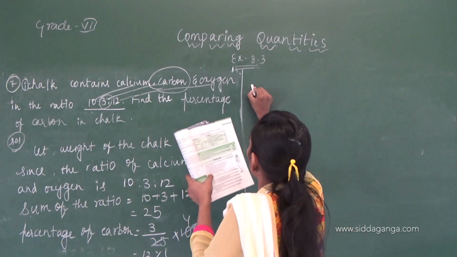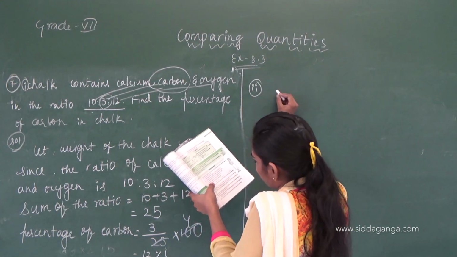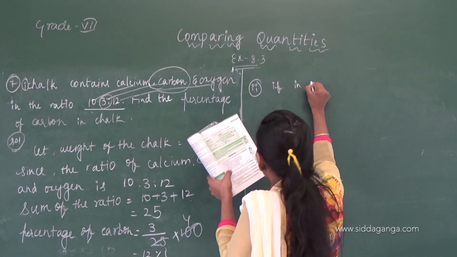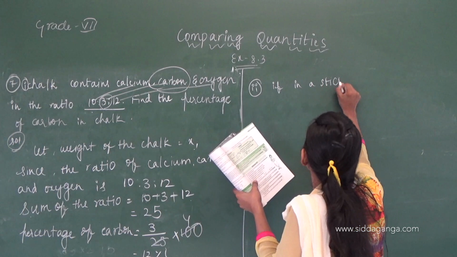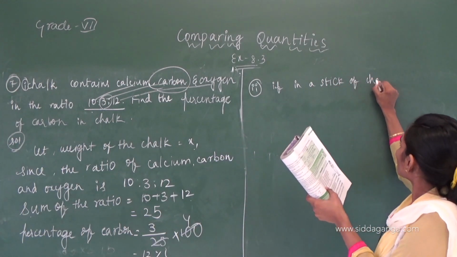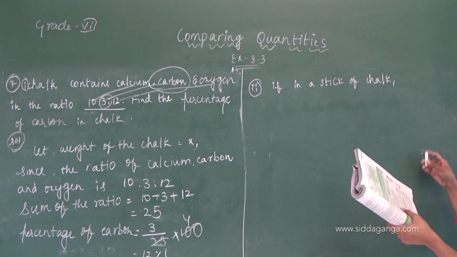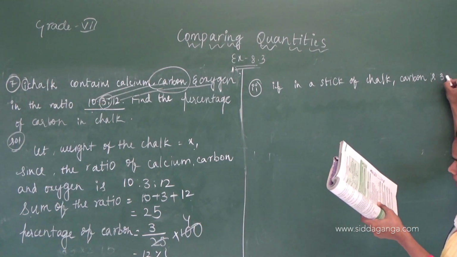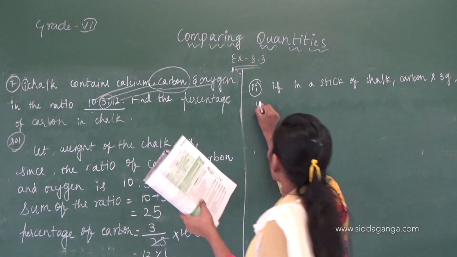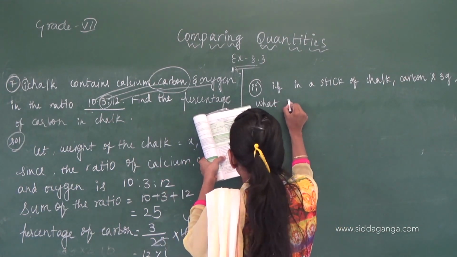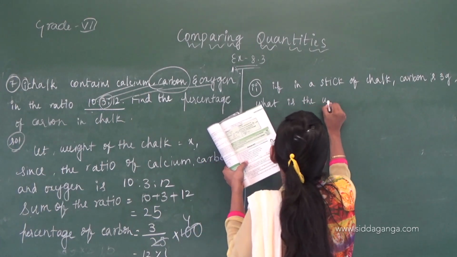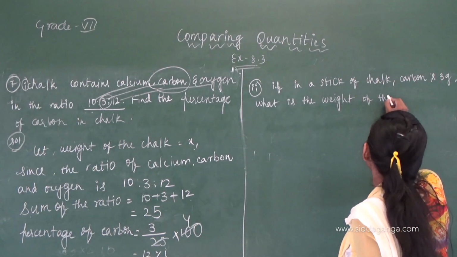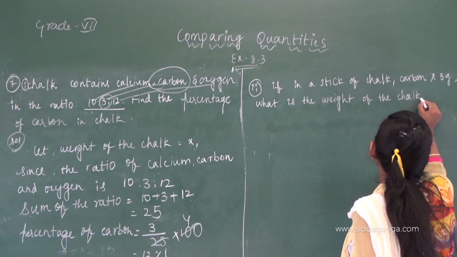Next, the second question. This is a continuation question. If in a stick of chalk, carbon is 3 grams, what is the weight of the chalk stick?